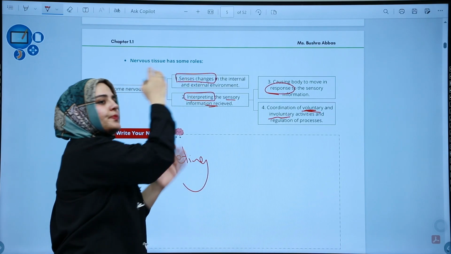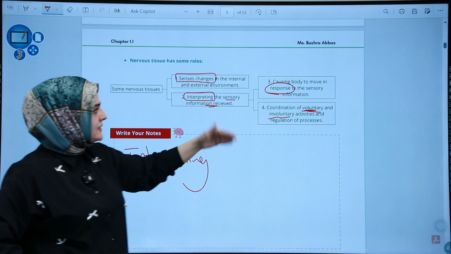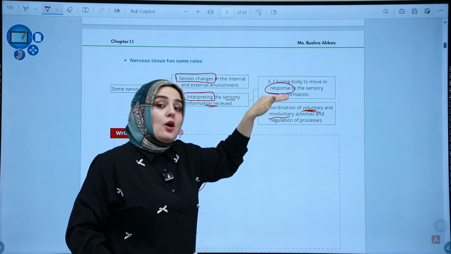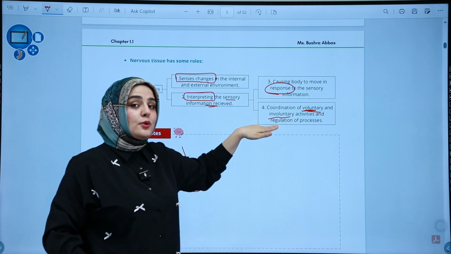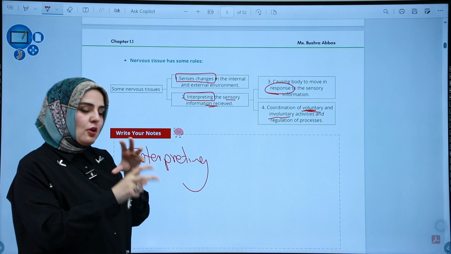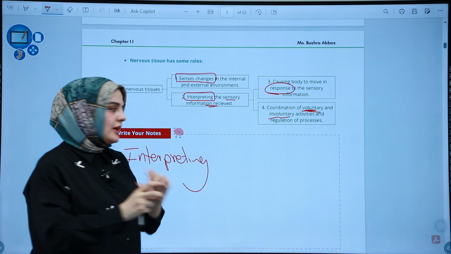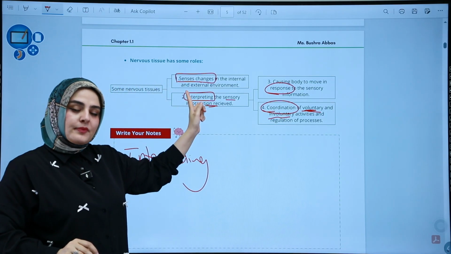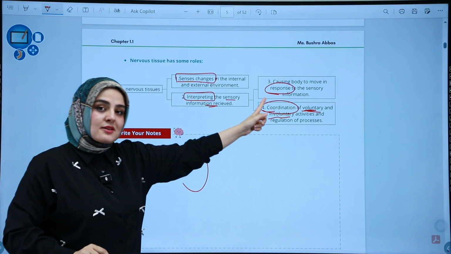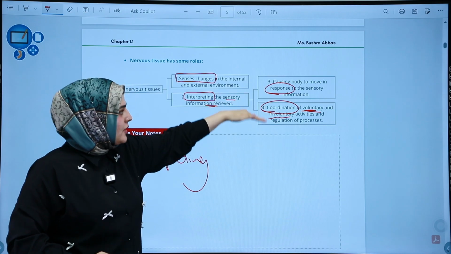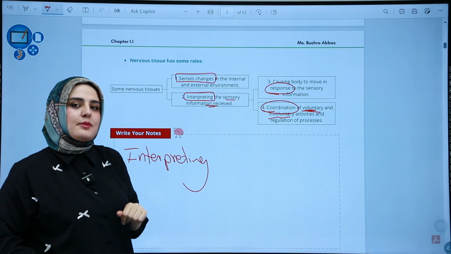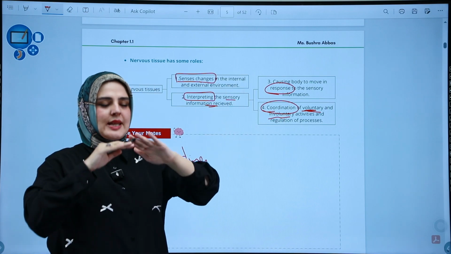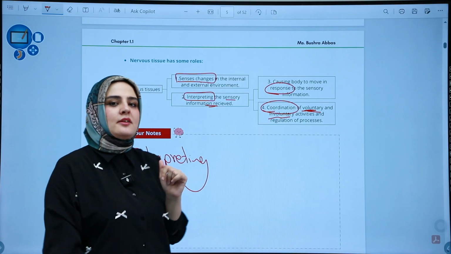Sensing change, then interpreting it, processing the information, then creating a response. It could be voluntary or involuntary. This act of directing it to voluntary or involuntary we call coordination of response. Remember, we have sensing change, interpreting, response, and coordinating. I put it in the same layer because it could happen at the same time, not separately, like response happens and then it coordinates. No, it happens at the same time. The response should be coordinated.